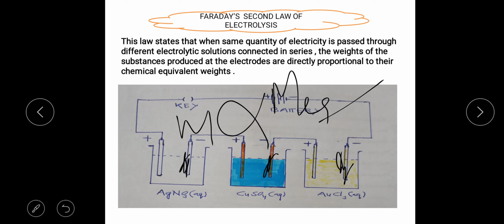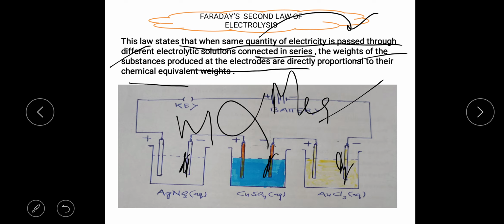Clear? So let us discuss this again. The same quantity of electricity is passed through different electrolytic solutions connected in series. The weights of the substances produced at electrodes are directly proportional to their equivalent masses. That's what we have seen, right? Silver has the highest equivalent mass. So the mass of the substance produced here when we pass 2 farad electricity through all is highest.